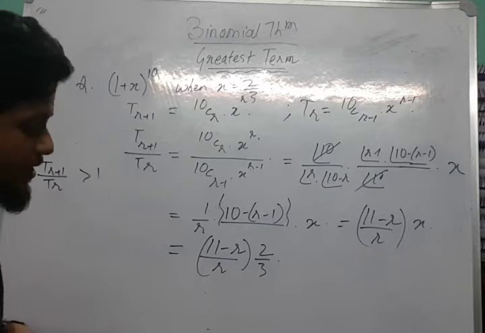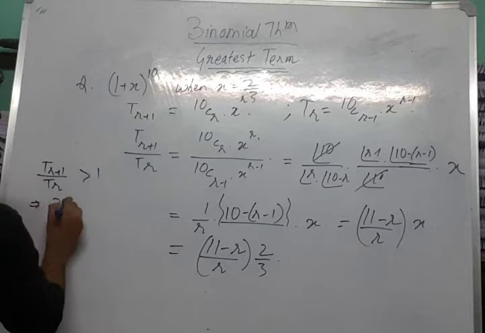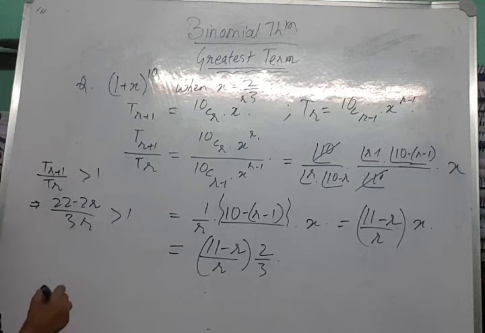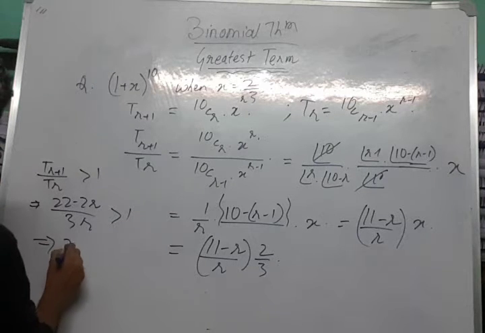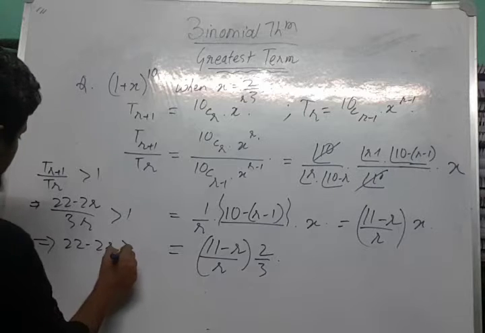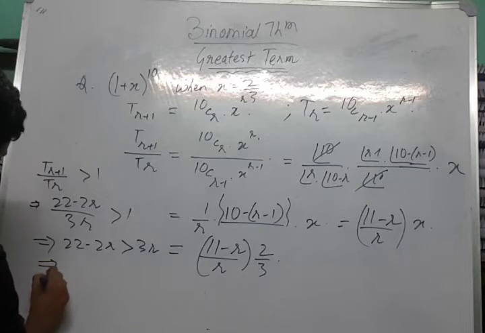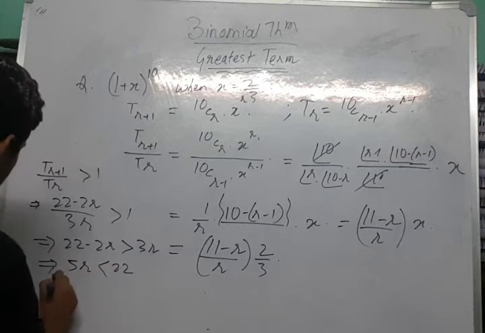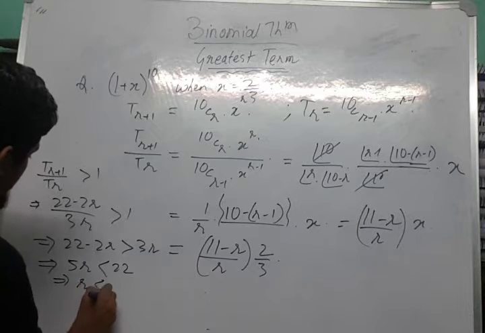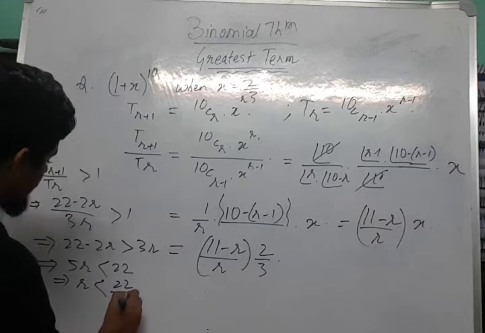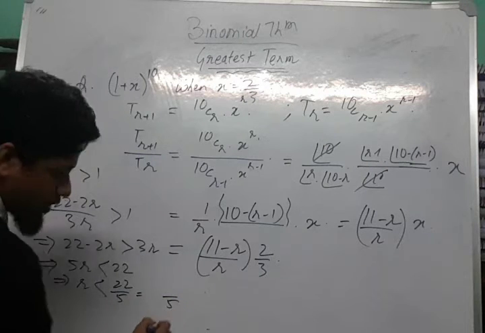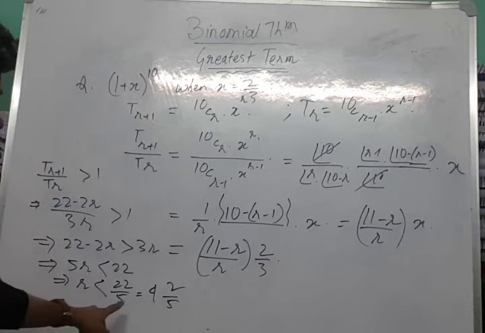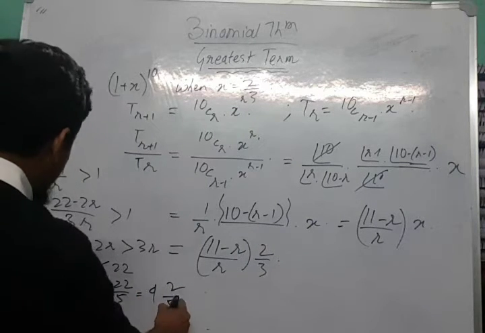Then this will give us (22 - 2r)/(3r) greater than 1. That means 22 - 2r will be greater than 3r, and upon solving this gives us 5r less than 22, so r is less than 22/5, which as a mixed fraction is 4 2/5. So r has to be less than 4 2/5.